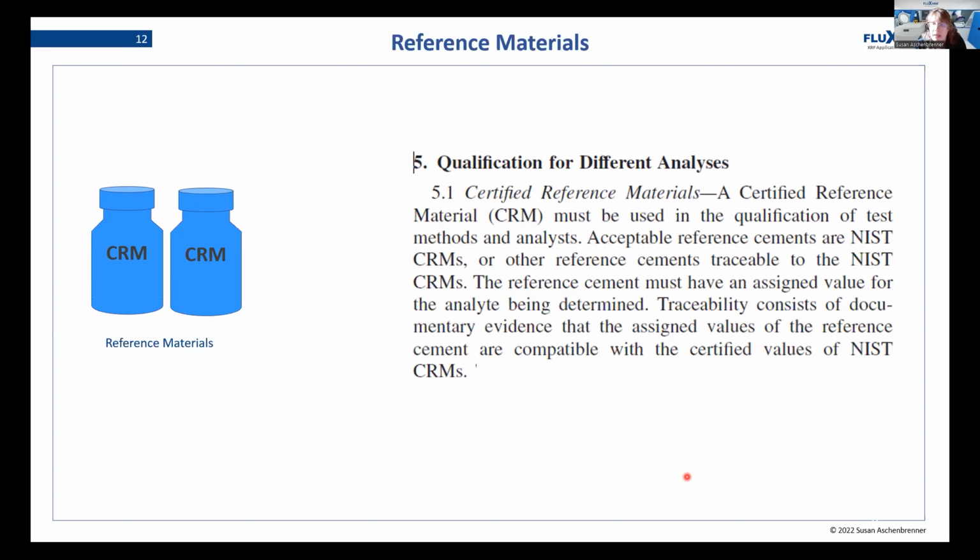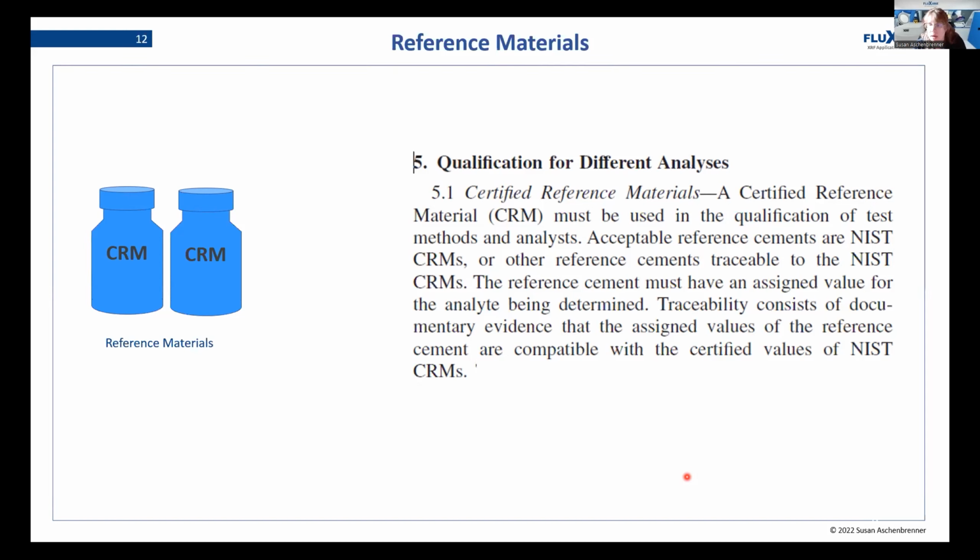So in the end, you have to decide, I need an acceptable reference material. They can be NIST CRMs. They can be CRMs that are traceable to NIST. There are also a lot of CRMs on the market that are traceable to NIST.